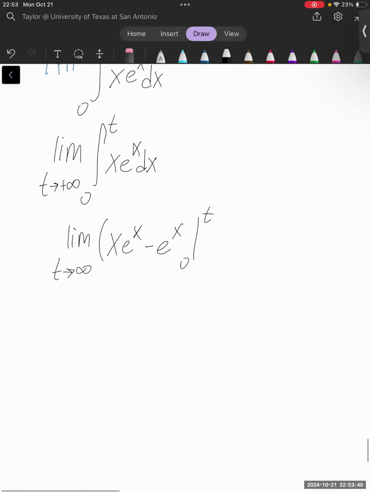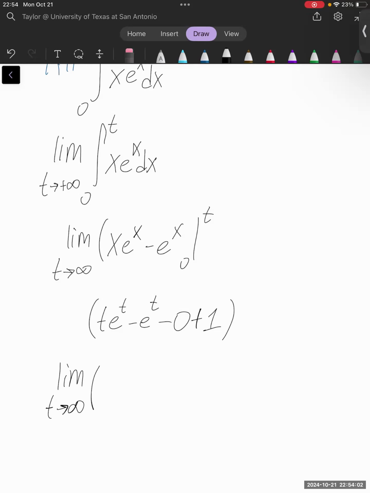This gives t e to the t minus e to the t minus 0 minus 1. All right, so minus 1 is plus 1. So now this gives me the limit as t approaches infinity of t e to the t minus e to the t plus 1.